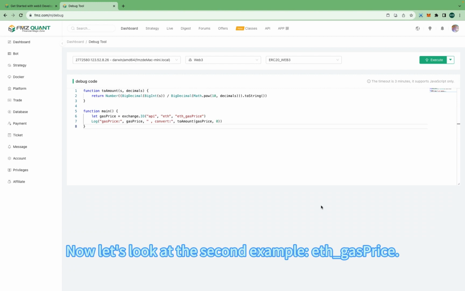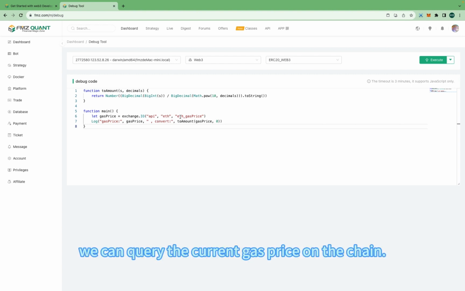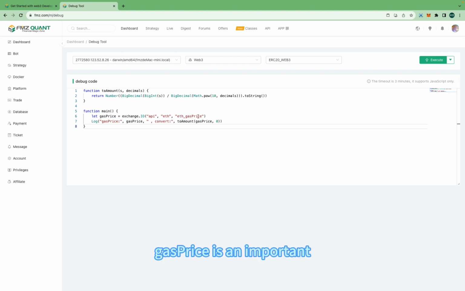Now let's look at the second example, ETH gas price. By calling the ETH gas price method, we can query the current gas price on the chain. Gas price is an important parameter in the Ethereum network as it determines the unit price of gas consumed in a transaction.